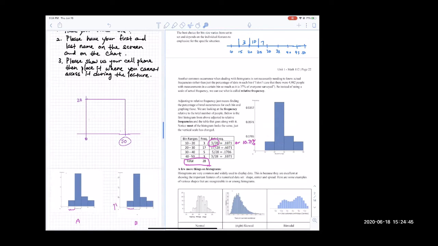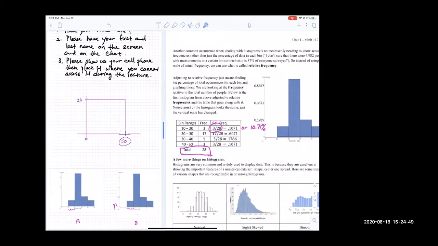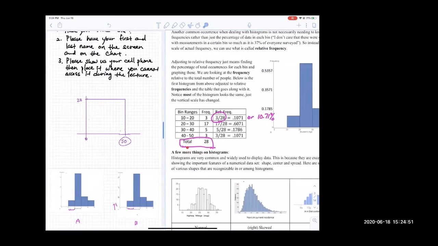Whereas this one is just proportion. Proportion to what? Proportion to the total as a whole. What percent are between the ages of 10 and 20 in your community college that we surveyed? 0.1071, which is approximately 10.71%.